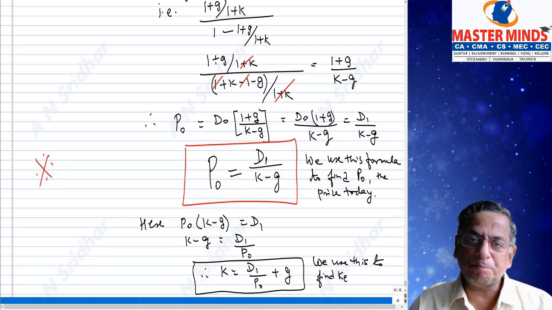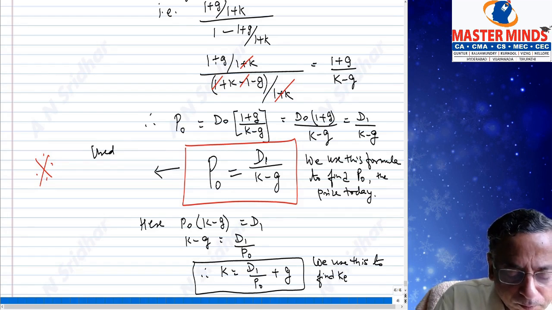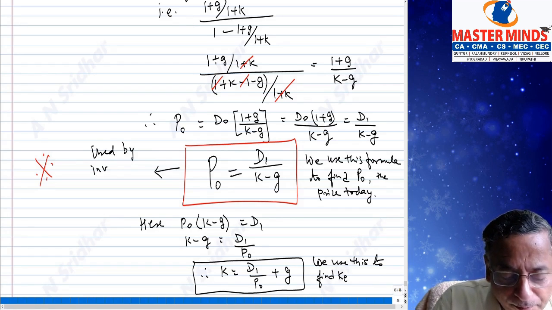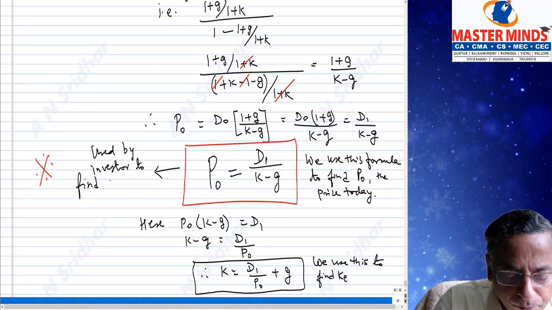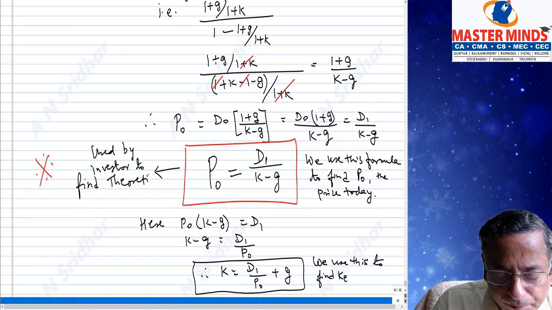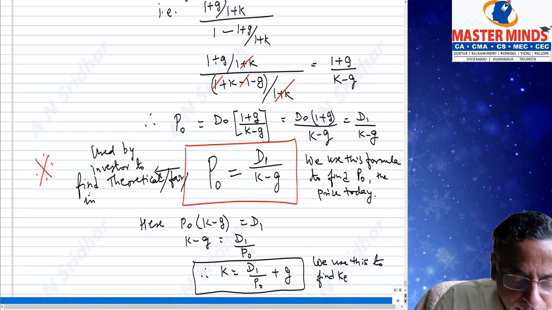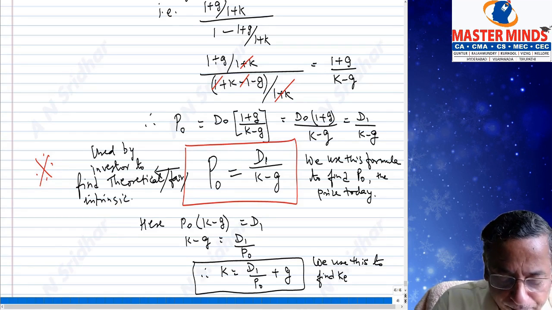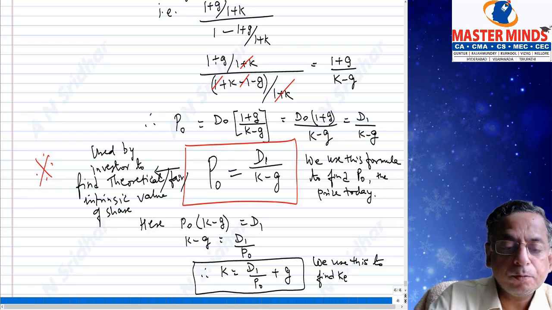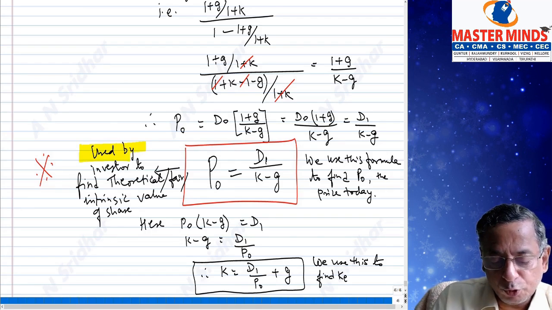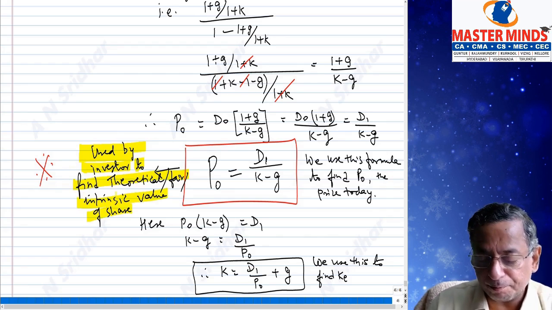The orientation is different. This is used by an investor to find the theoretical or fair or intrinsic value of share.